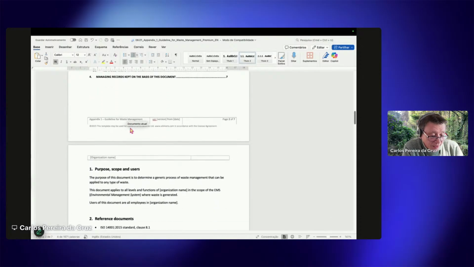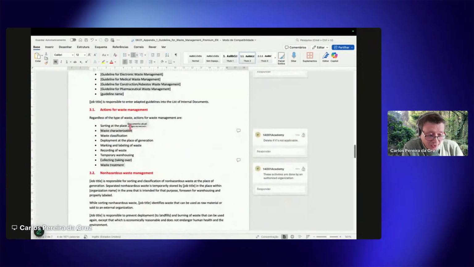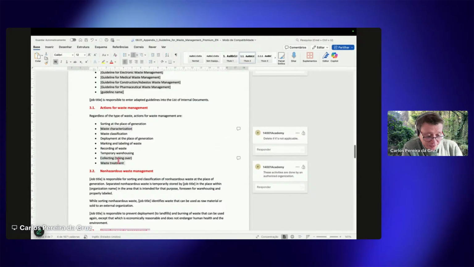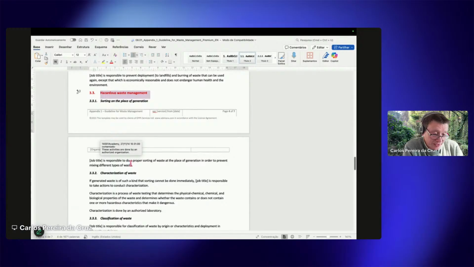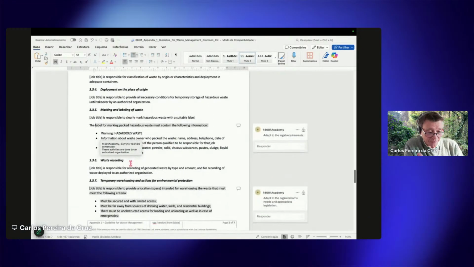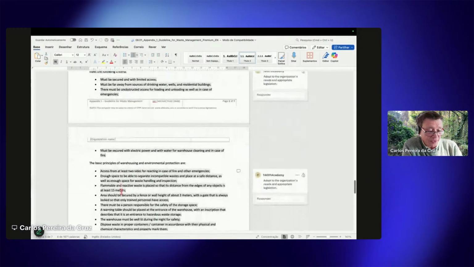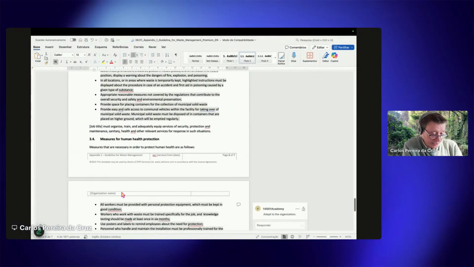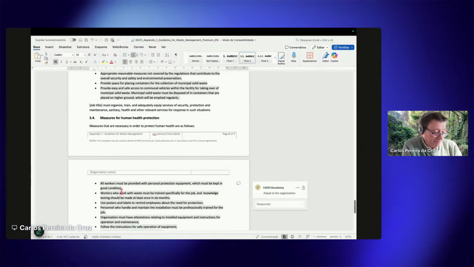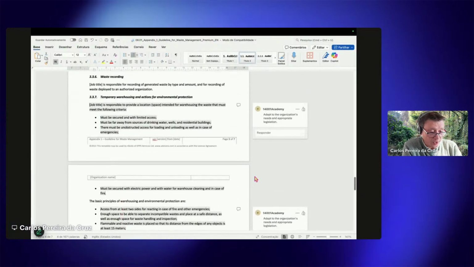So, what are the actions for waste management, the different possibilities for non-hazardous waste and for hazardous waste. Then we have what needs to be done. As I said, Word document, completely customizable, with some remarks here to help you.